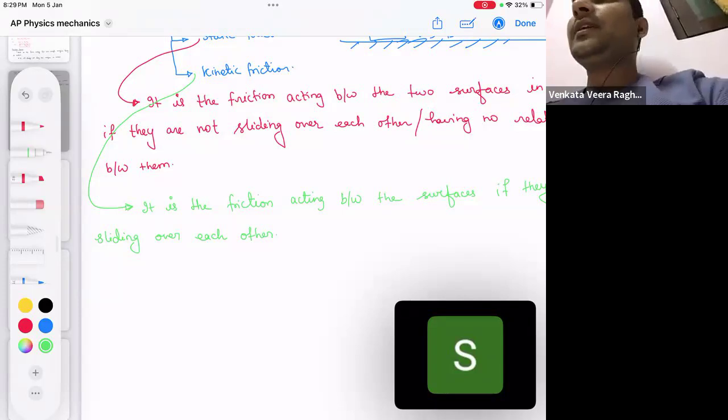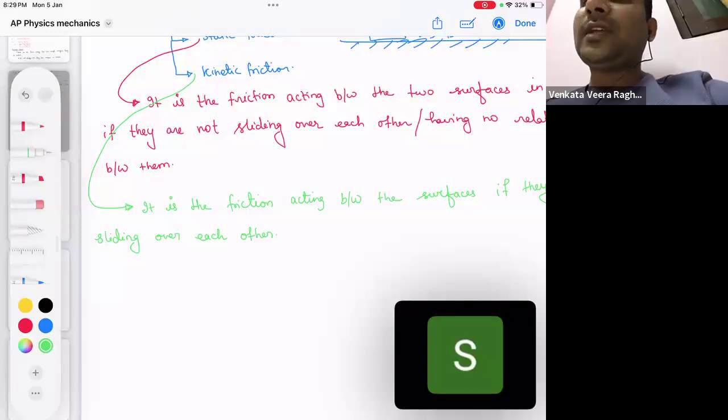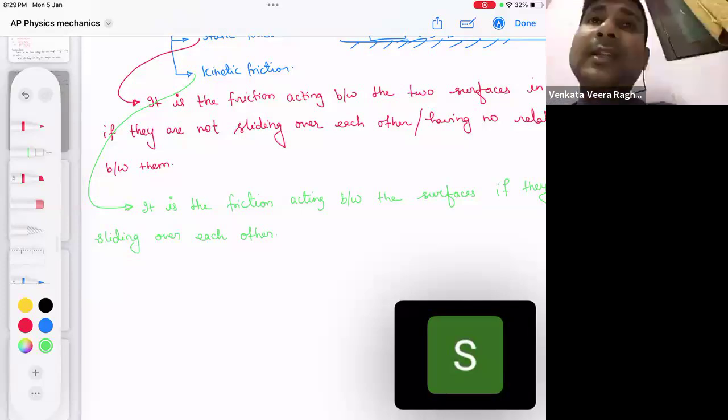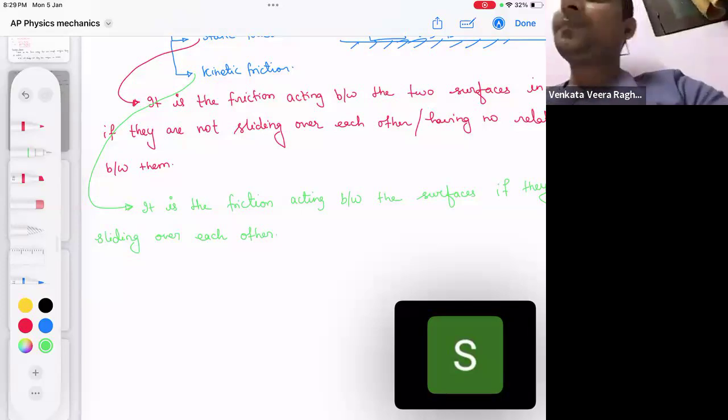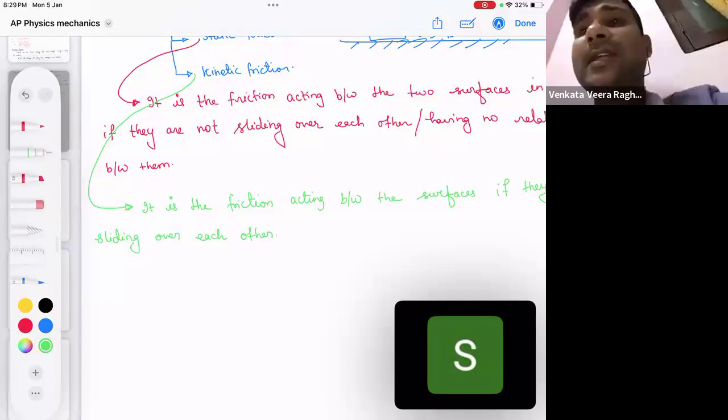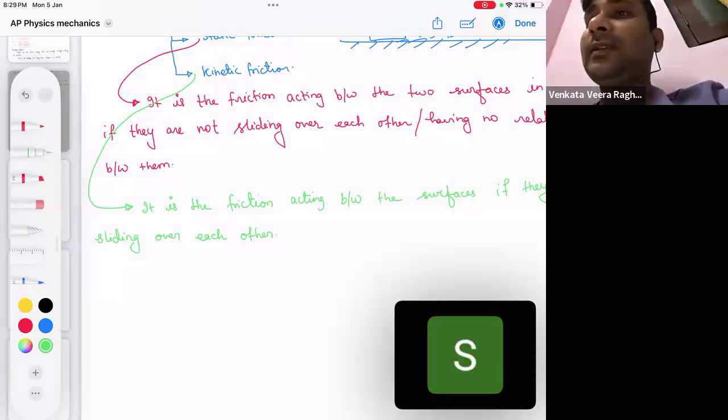So you will be thinking, sir, I need 100 Newton to keep it at rest. So how much static friction will be acting? 100 Newton? No, it's not like that. Static friction can adjust its value up to a certain limit, not forever. And that maximum limit of static friction is also called limiting friction. So what is the limiting friction? Limiting friction is the maximum possible value of the static friction. Is that clear? Please tell me.